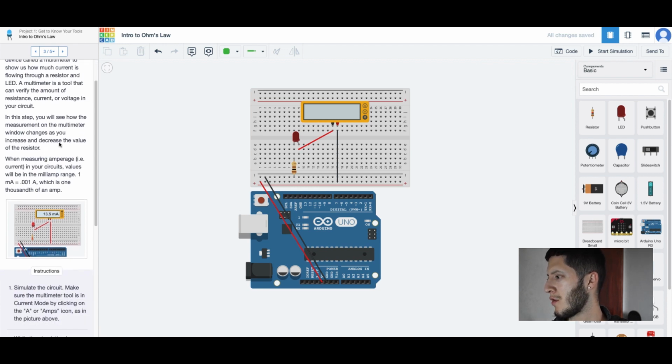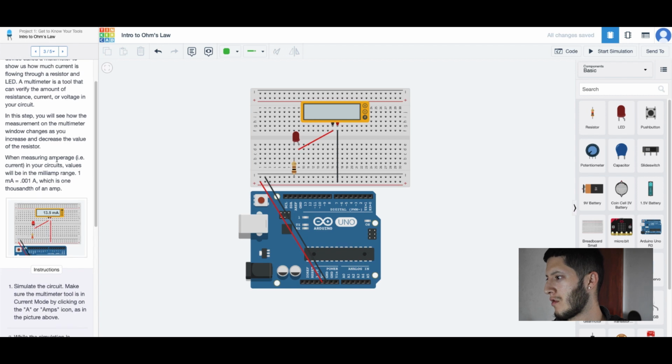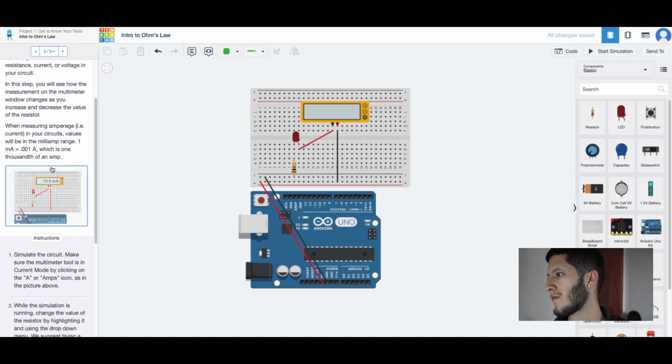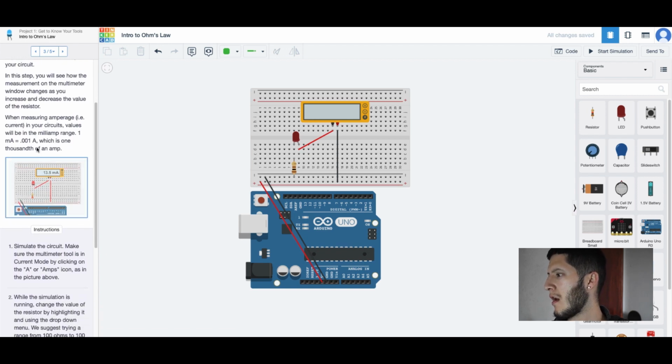See how the measurement on the multimeter changes as you increase. Oh, okay. And when measuring amperage in your circuit's values, it will be in amps. Values will be in milliamps. 1 milliamp is milli, small like millimeter.